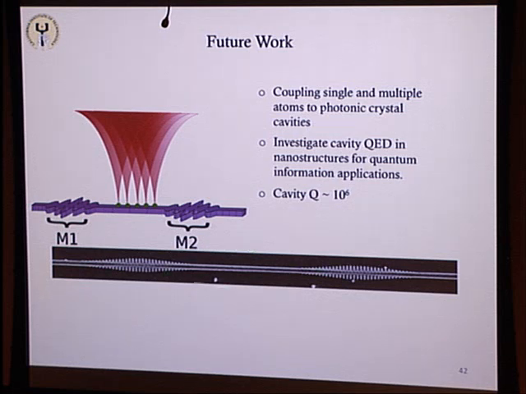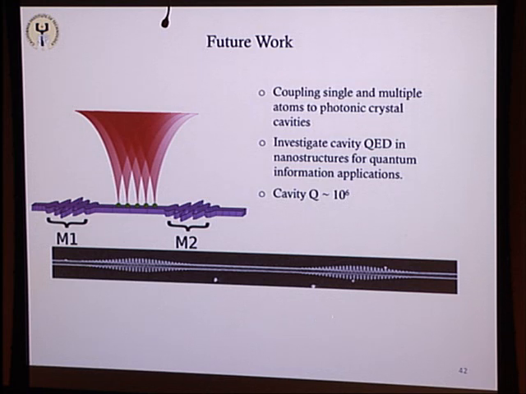And so these cavities have actually already been fabricated in the past, so they're not a terribly challenging thing to look at. This is an SEM of one of these cavities here. We can get Qs that are roughly 10 to the 6, so you can start to really look at interesting dynamics, interesting strong coupling regimes between one atom or multiple atoms coupled to these cavities.